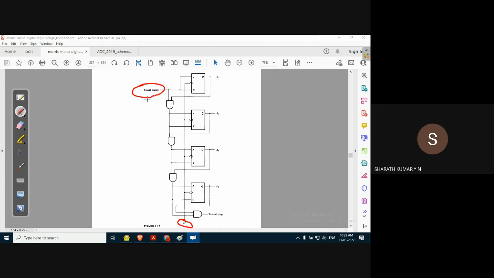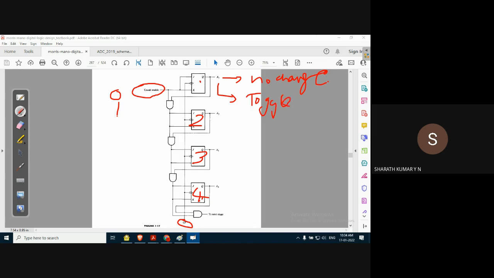If you see, this is the first, second, third, and fourth flip flop. For the first flip flop, the count enable input is given as the J and K input. If both are 0, there is no change in the output of the first flip flop. But when it is set to 1, the output of the first flip flop will toggle. That means it becomes a T flip flop.